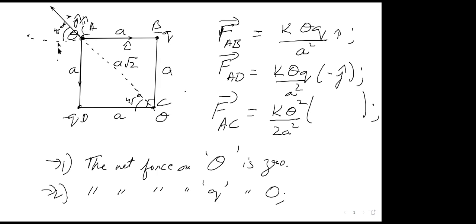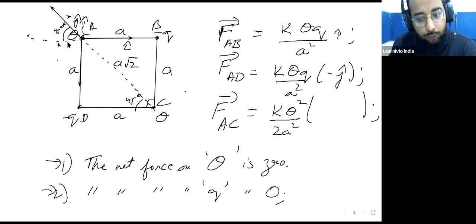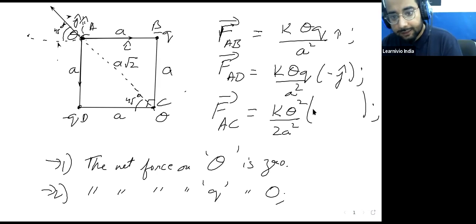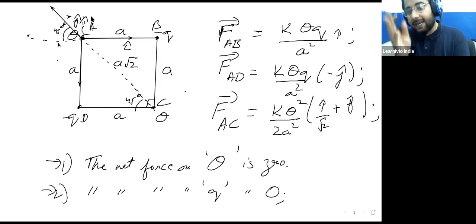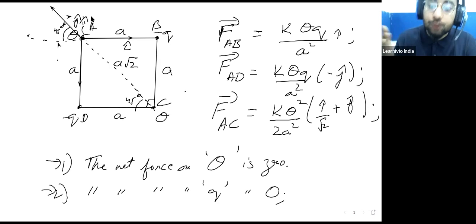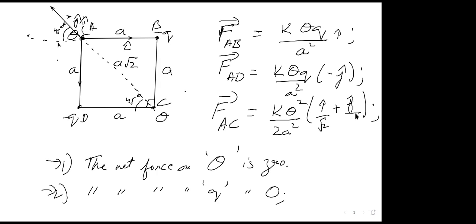So cos 45, which is 1 by root 2, gives you i cap over root 2, plus j cap when you take the sine of 45 degrees, which is also 1 by root 2.